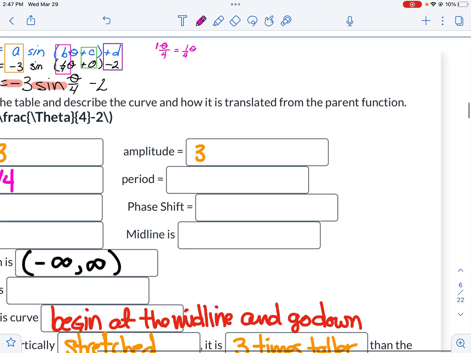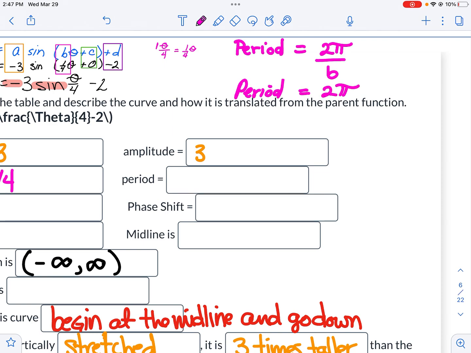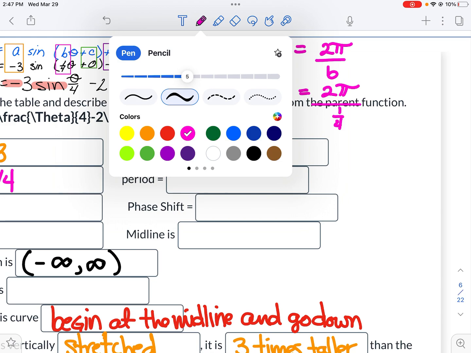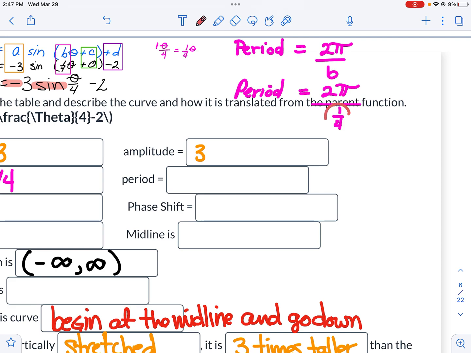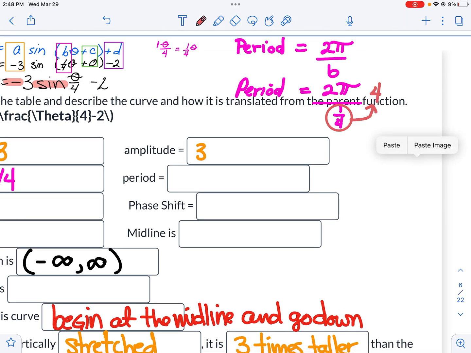We have a rule that says the period is equal to 2 pi divided by B. So the period is 2 pi divided by 1/4, which means we take this 1/4, move it above the fraction bar and flip it over.